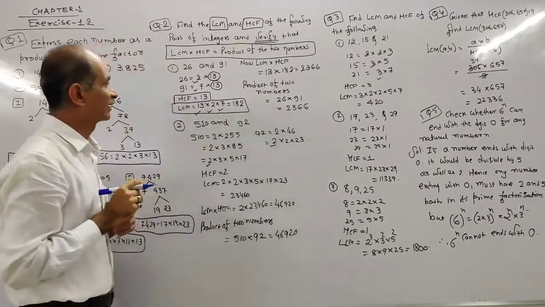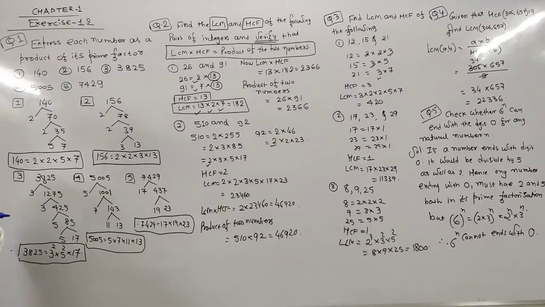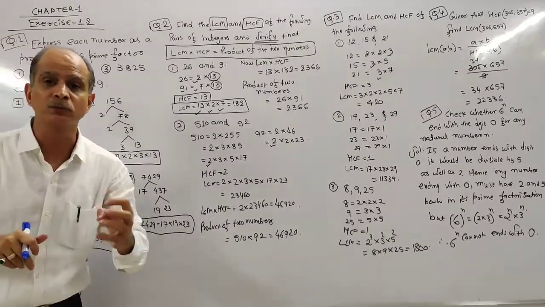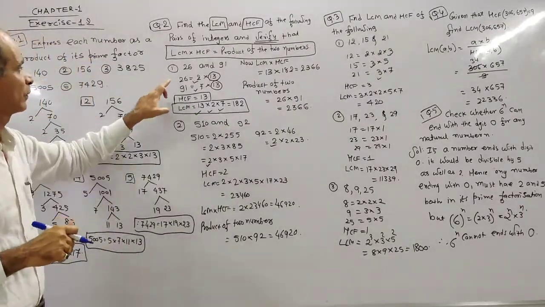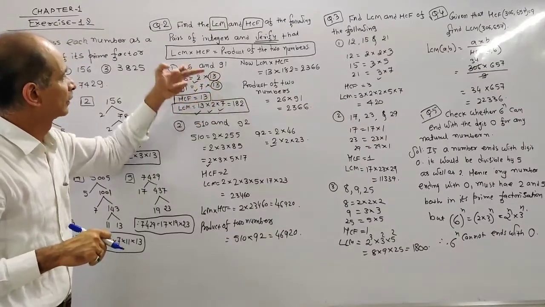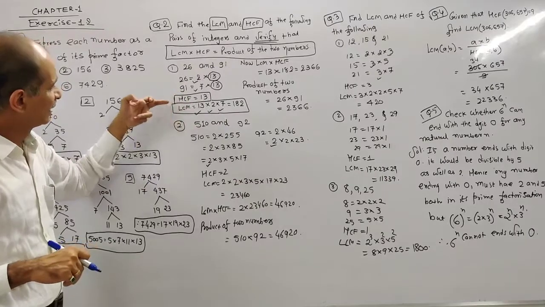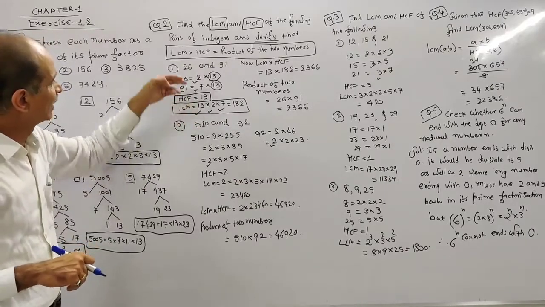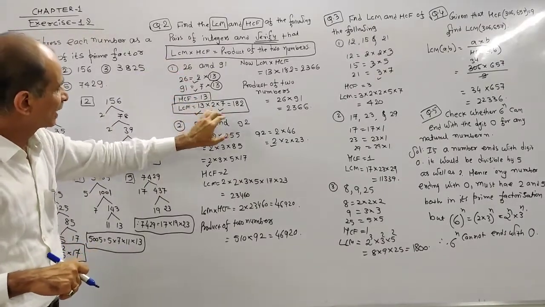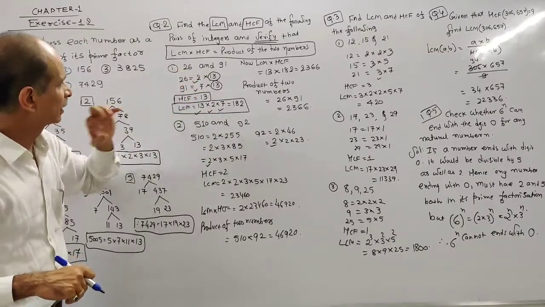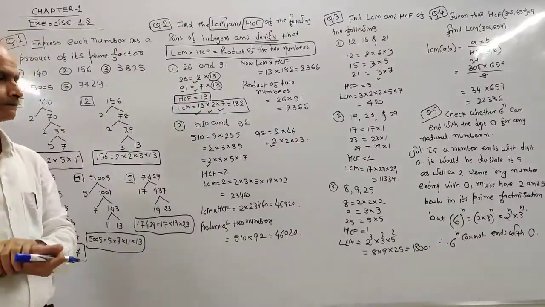So this is the method to find out the HCF and LCM of two given numbers. First of all, you have to factorize them. Then you have to find out the common factors. The common one is known as HCF. In LCM, first of all write the common and then the remaining terms. Multiply these things, and you will get the LCM of the two numbers.